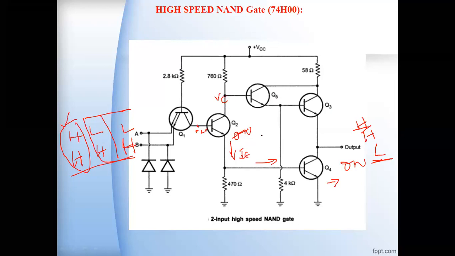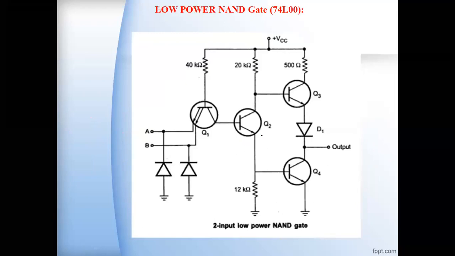74H00. And now see the low power NAND gate of the TTL. The low power NAND gate is part of the series 74L00. Now what is the difference between low power and high speed? Observe the resistor values here: 40 kilo ohm, 20 kilo ohm, 500 ohm and 12 kilo ohm.